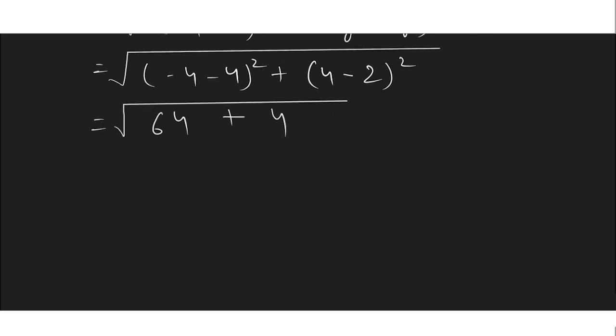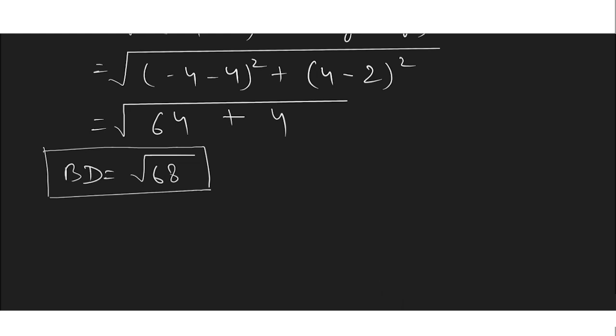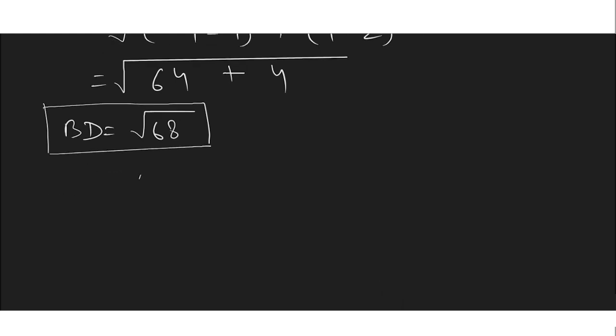Therefore, we get diagonal BD is equal to square root of 68. Therefore, we have also established that AC is equal to BD.